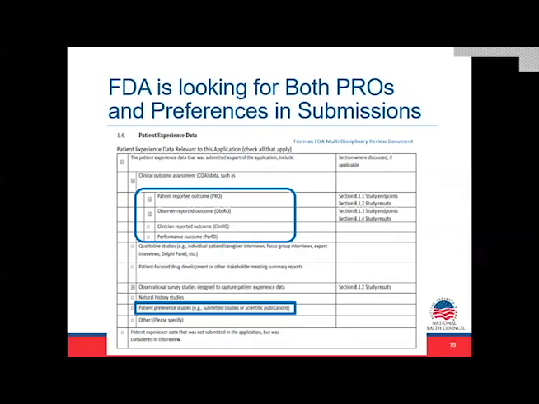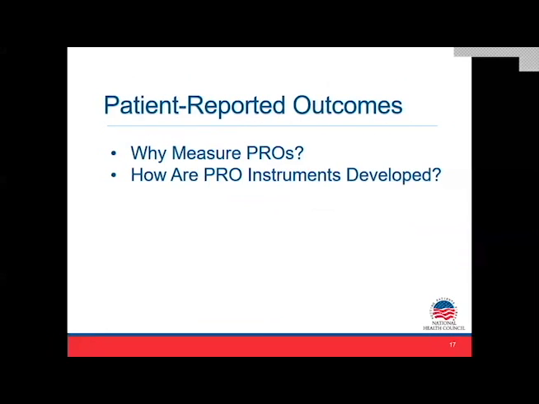So this is a new thing for the FDA, and it's basically the FDA telling the audience or sponsors and patient groups, we welcome this type of information and we expect to see it in part of your submission. So what we're going to do now is go into first PROs and then preferences in more detail.